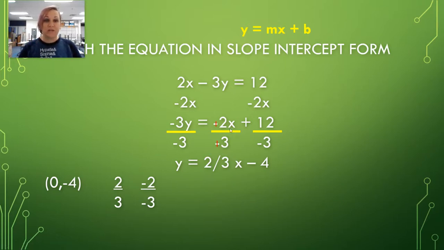The first version is exactly how it looks in the equation, positive 2 over positive 3. For the second version, you can change it to a negative 2 over a negative 3, kind of like it was on this step. So then you would graph the negative 4, you would do your positive slope, and you would do your double negative slope to get your 3 points.